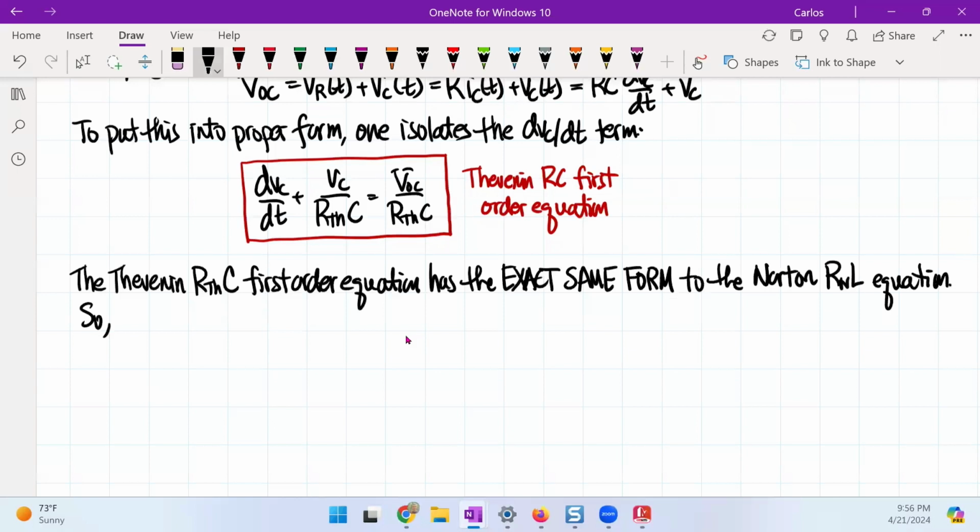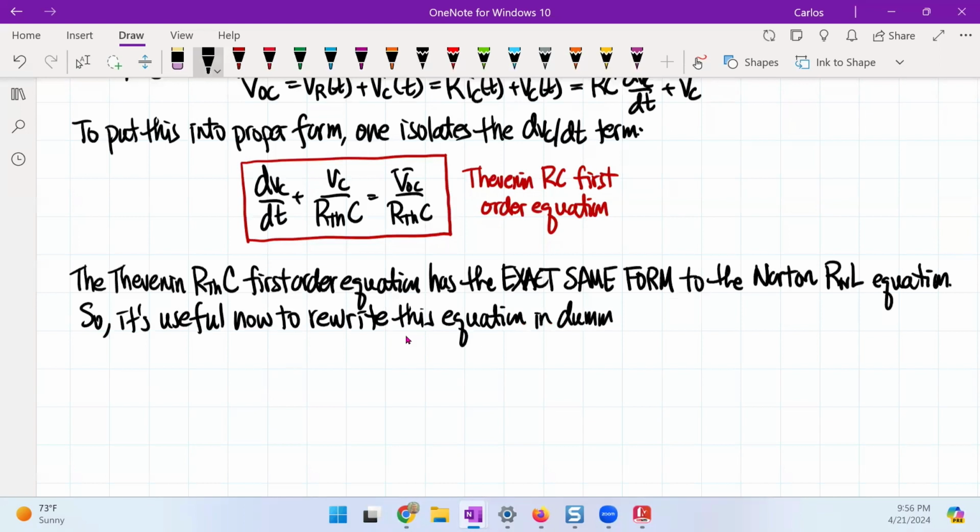So it's useful now to rewrite this equation in dummy variables because we're going to use it in the future.